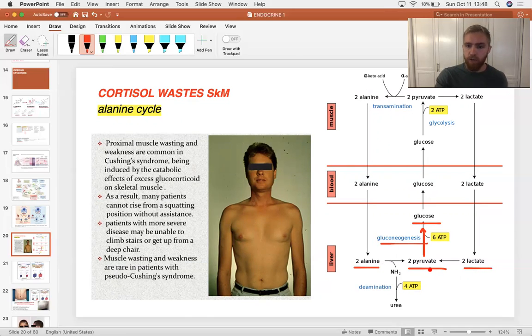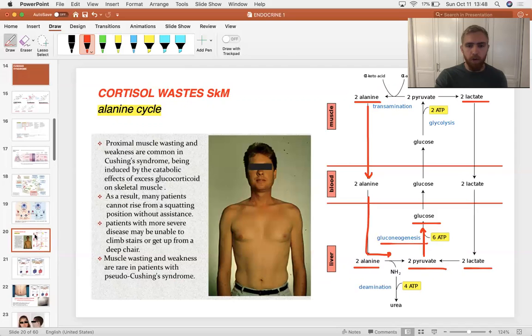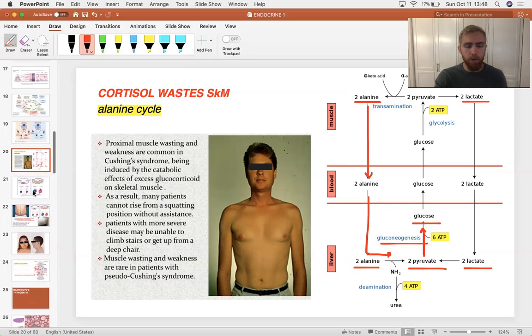And both of those two substrates are found highly in muscle. Lactate's produced as a byproduct of anaerobic metabolism, and then alanine you just have in abundance because that's where alanine likes to go. You have a ton of alanine receptors in skeletal muscle, and so it's just sitting there all the time. So you move alanine into the bloodstream, same with lactate, and then the liver picks it up and sends it into gluconeogenesis, and so you're wasting protein and you're losing muscle mass.